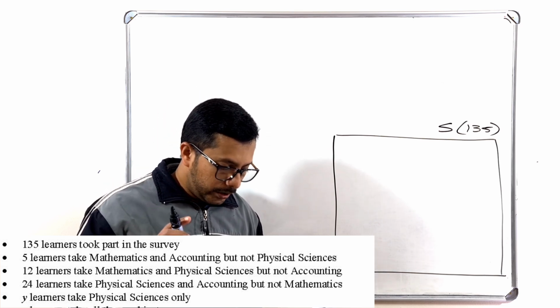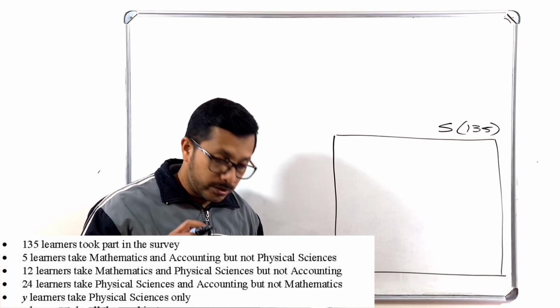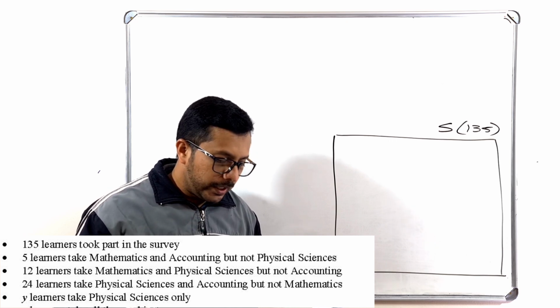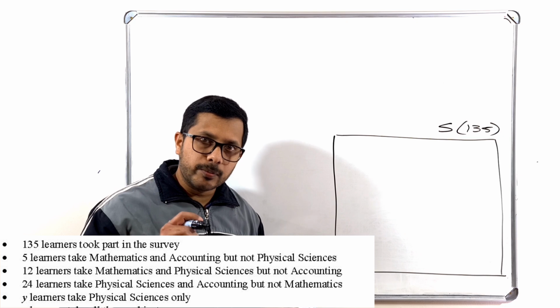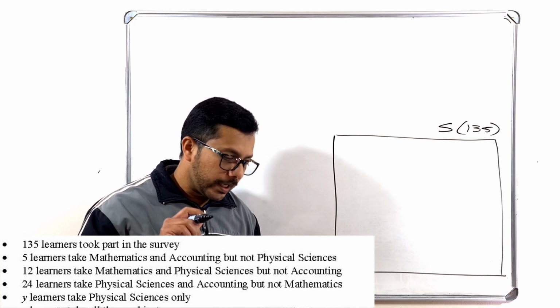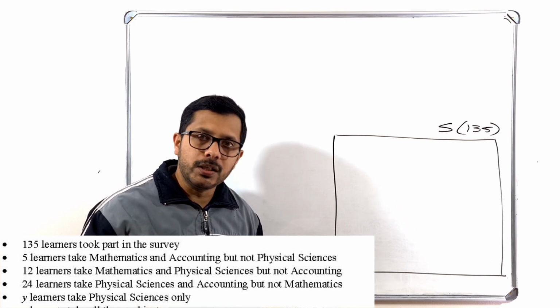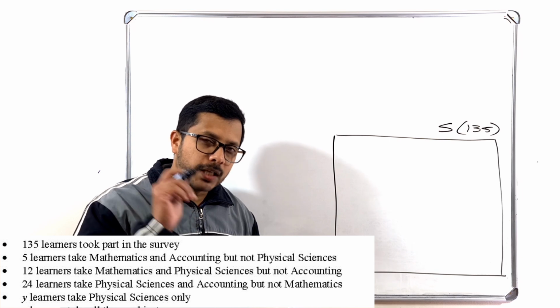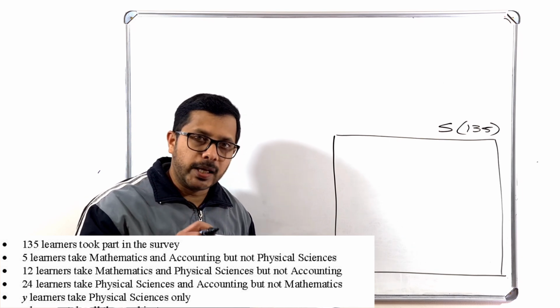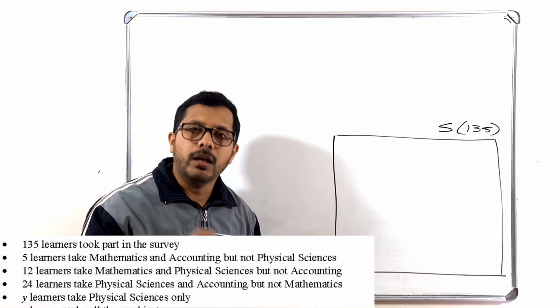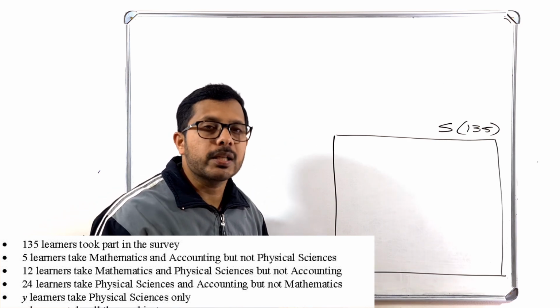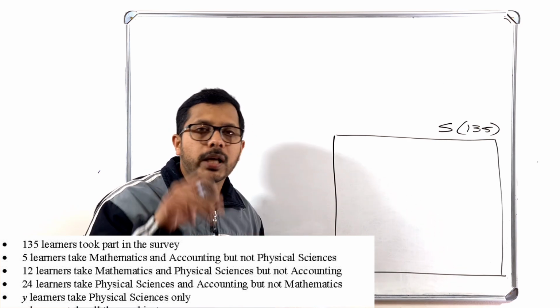Okay, look at that bullet X. It starts with the X. X learners take all the three subjects. Did you see that bullet? X learners take all the three subjects. It means that X learners take maths, physics, and accounting. You understand? So it means that there is a common area for all those three circles.